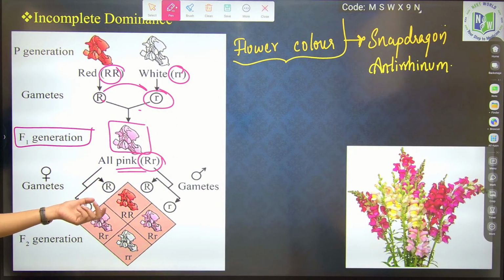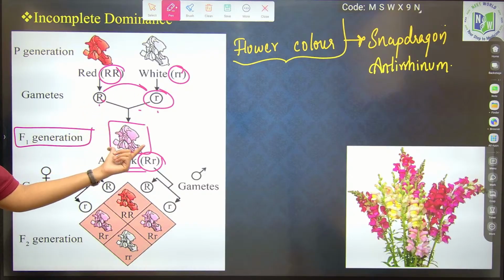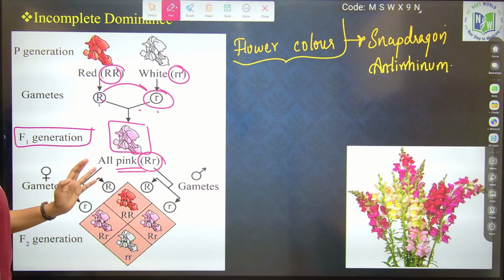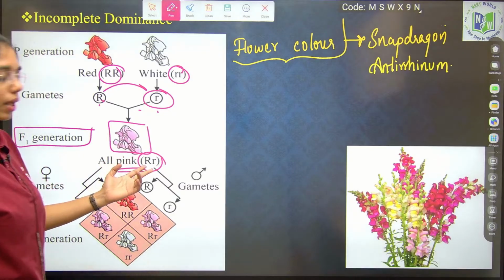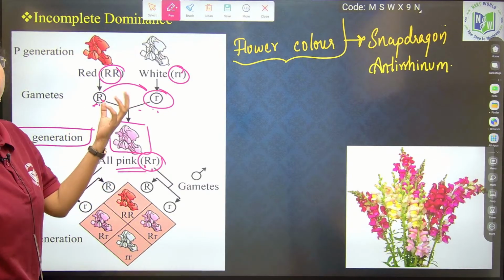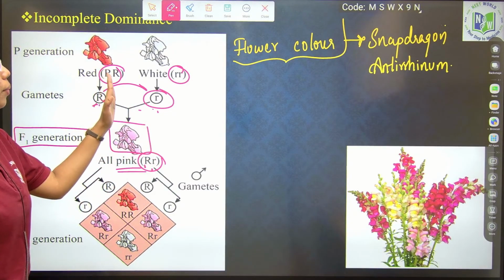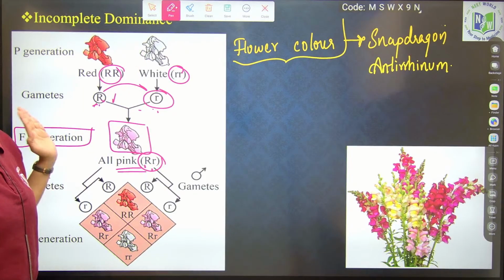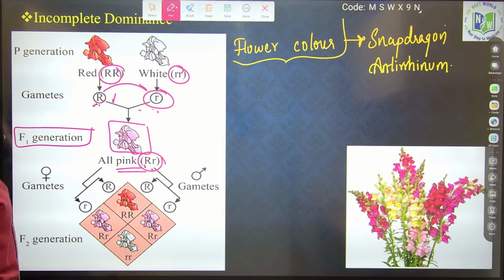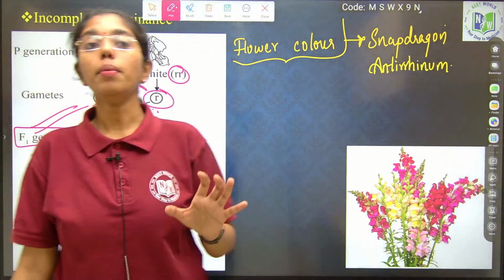That is the reason both the effects are shown here. This is not because of mix or blend of these two alleles. Both the alleles are expressing their phenotypes and the dominant allele is not masking the effect of the recessive allele. That is the reason in F1 generation you obtain all pink flowers.